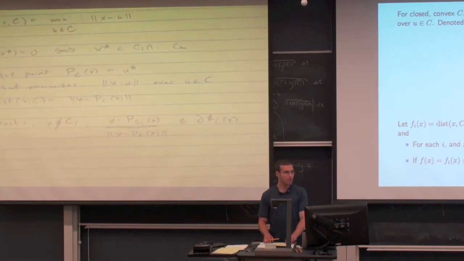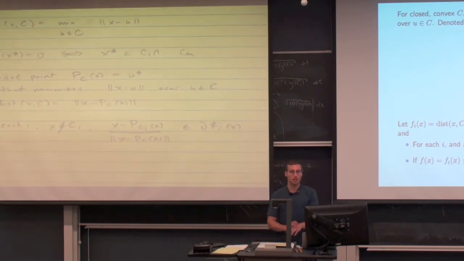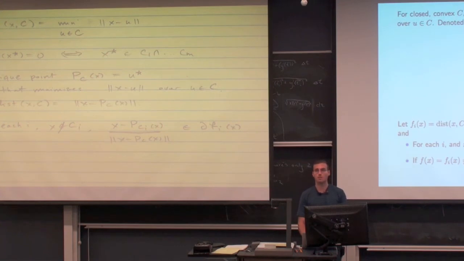Okay, so if we did a sloppy chain rule, if we forgot the chain rule, and we just plugged in the projection of C, we just took this right here, and differentiated this with respect to x, then we'd get this.